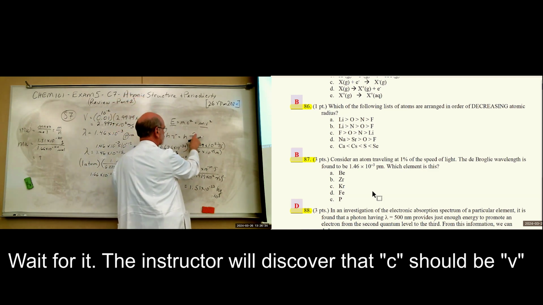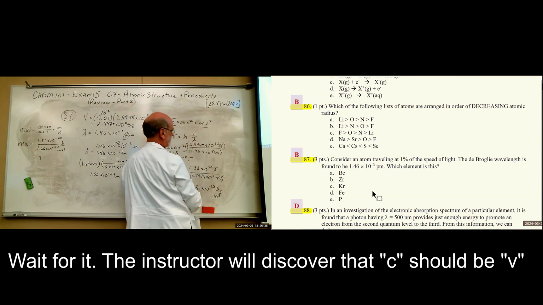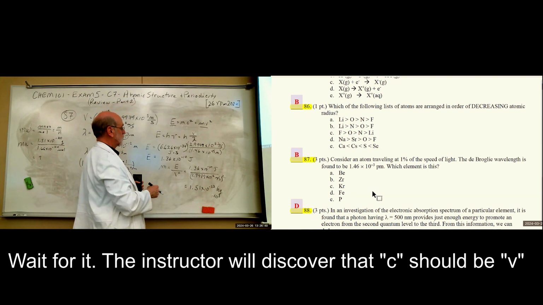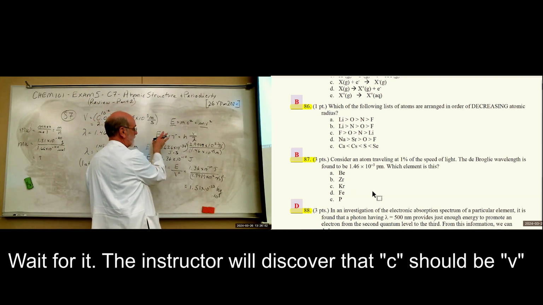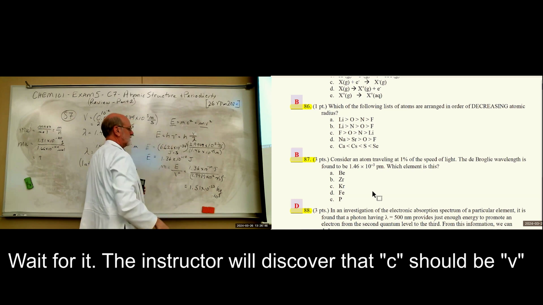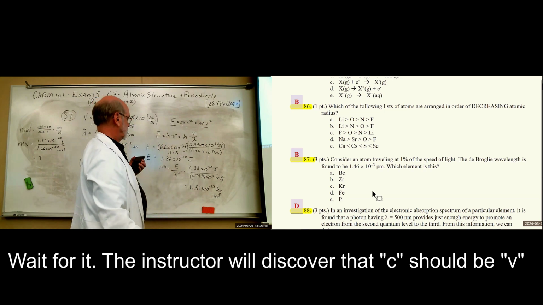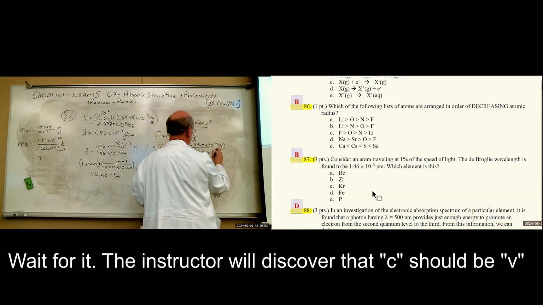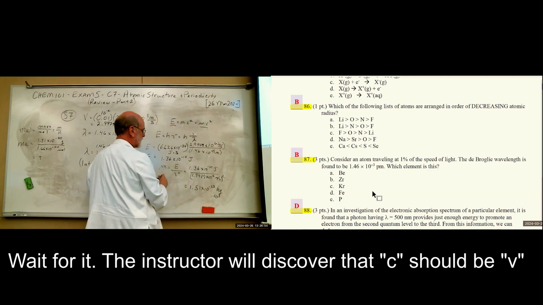This needs to be velocity, not speed of light, because we're working with an atom. So this needs to be 6. What would that do to the answer?